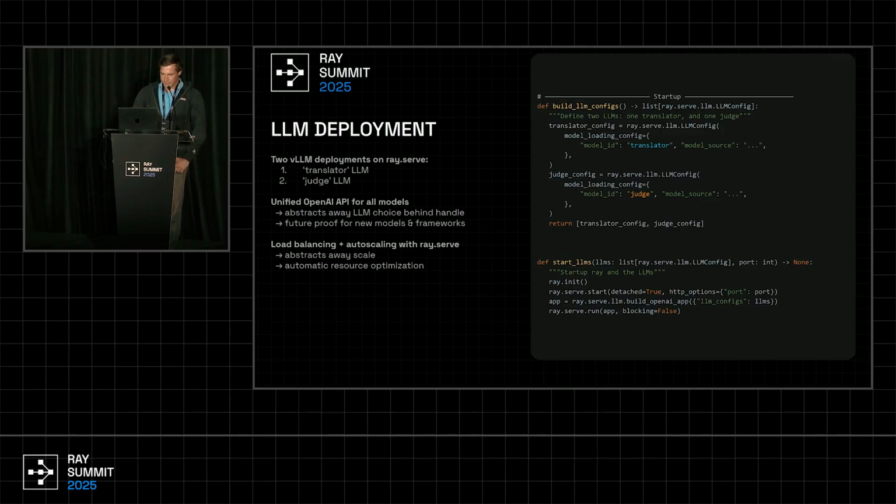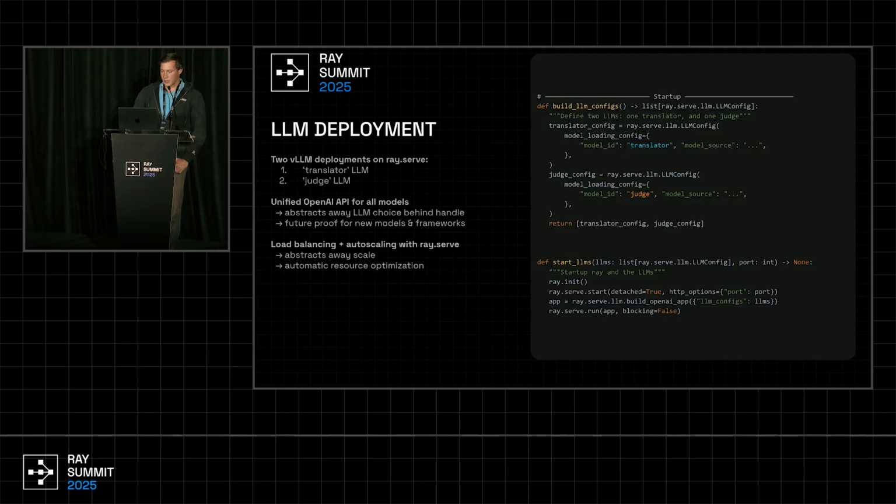Furthermore, since we deploy them with vLLM, we get continuous batching for free. And when we wrap them in Ray Serve, we're able to scale these things independently. Ray Serve will allocate resources according to the usage pattern and scale them up and down as necessary.